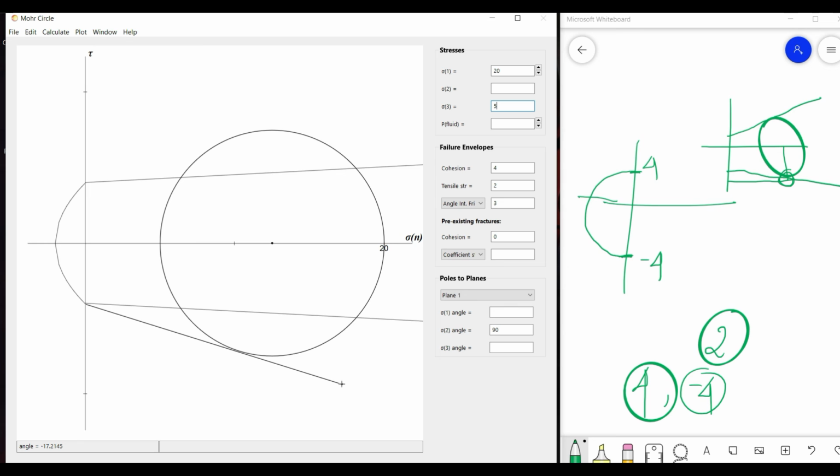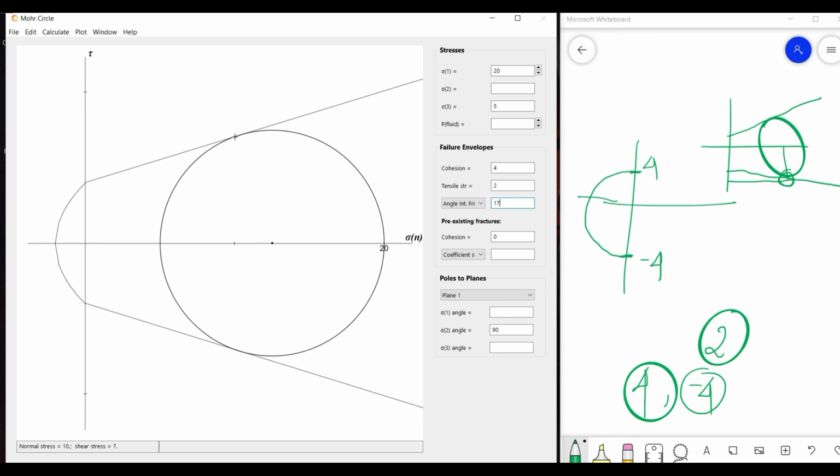As you can see, it is almost 17 degrees, taking the modulus. So now we'll put the value of 17 in the figure, and we can see that this straight line is tangential to the given circle.